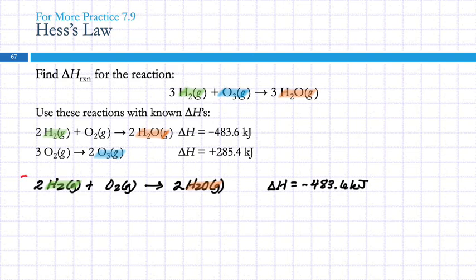So if I multiply this by 3/2, 3/2 times 2, the 2's cancel out and gives me 3. Yeah? And I'm going to multiply this by 3/2, and I'm going to multiply this one by 3/2, and those 2's cancel out. So then I also need to multiply this by 3/2.